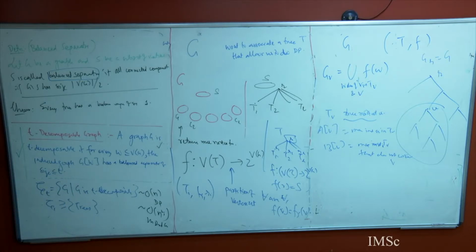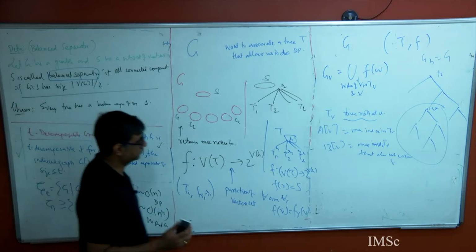Now I want to do a dynamic programming algorithm over this tree. I want to mimic my divide and conquer algorithm on this, and then we will see why this is a horrible approximation to what we are trying to achieve, and then we will fix it.